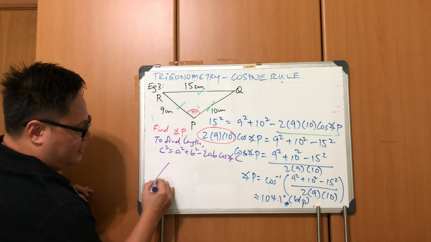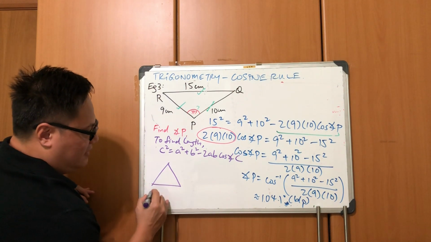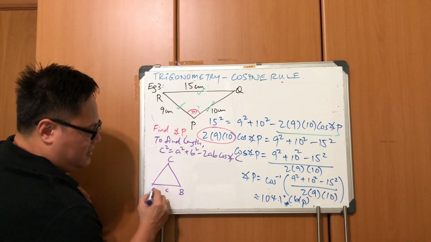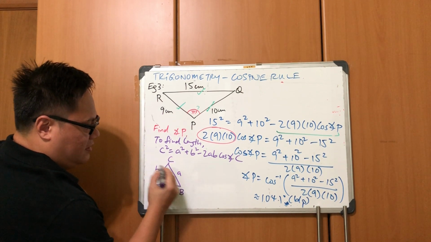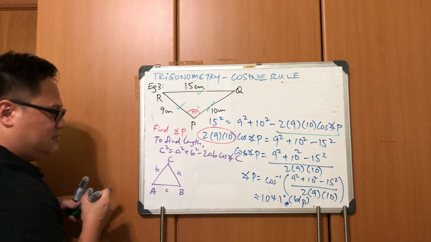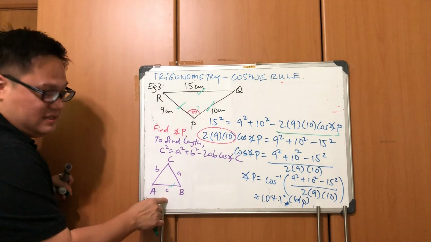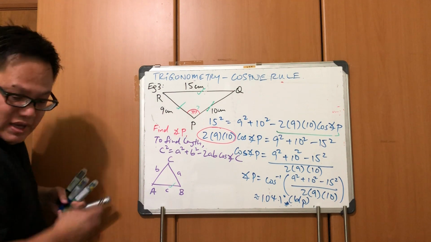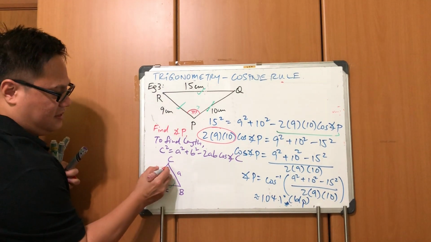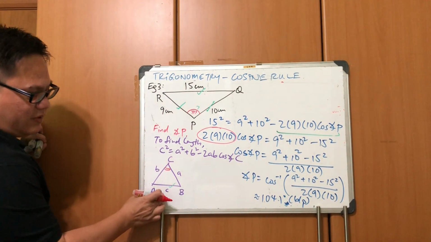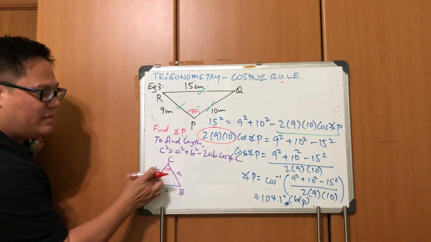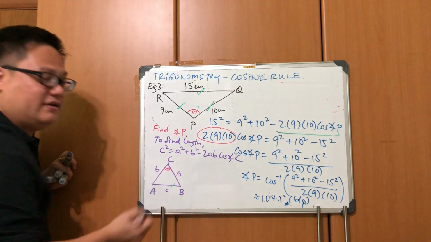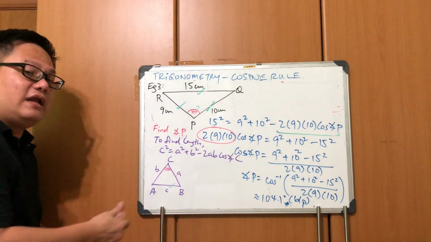If this is a, this is b, this is c, so this is little c, this is little a, this is b. So c squared equals a squared plus b squared minus 2ab cosine angle C. Again you see the bread and the patty, to find the third unknown side.